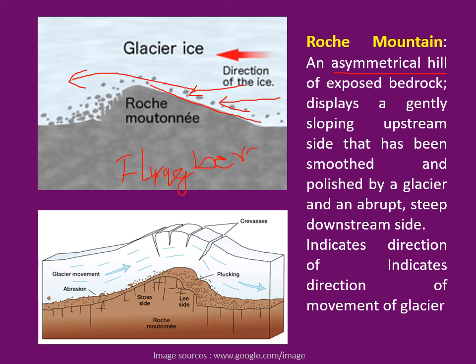So whether you call it a roche moutonnée or a flyggberg, the morphology is the same: a gentle, smooth upslope area and an uneven, slightly steeper downslope area. But the name simply depends on the size. When it is smaller in dimension, it is known as roche moutonnée. When the size is about 1,000 meters long, it is known as flyggberg.